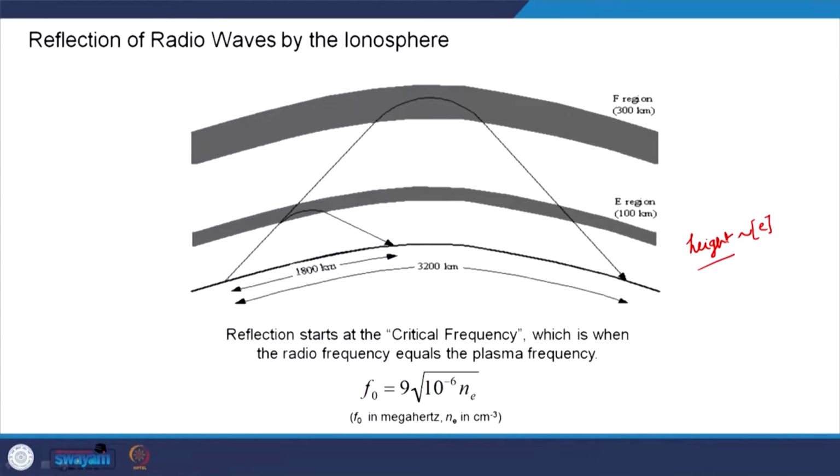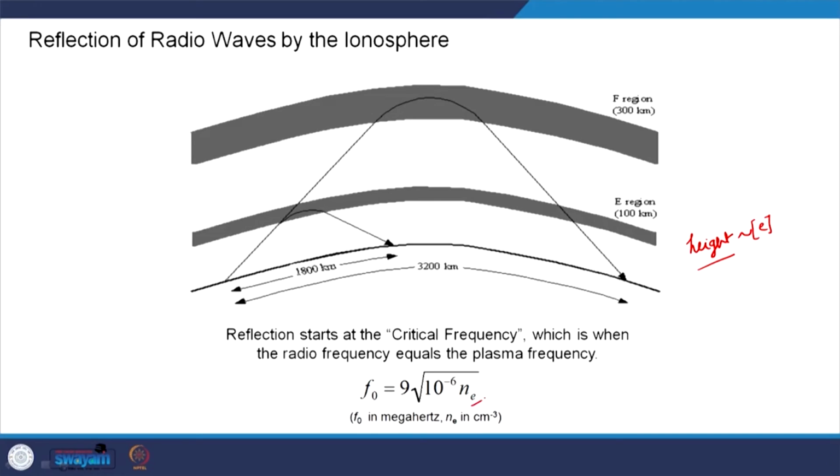Generally, reflection of the incoming radio wave signal starts at the critical frequency, which is when the radio frequency that you are using to communicate becomes equal to the plasma frequency. Now, in our discussions of plasma physics, we have already derived a relation for the plasma frequency, which is as this.